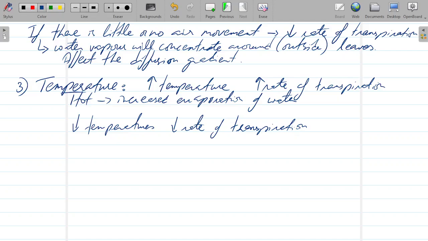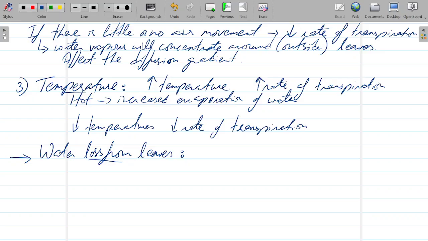So how is water lost from the leaf anyway? So, is transpiration good for plants or not? It is.